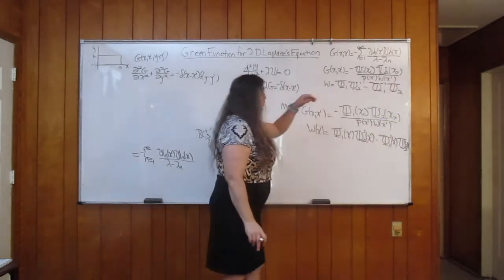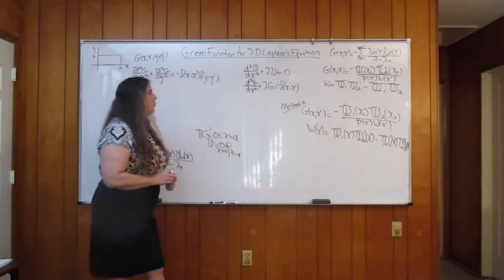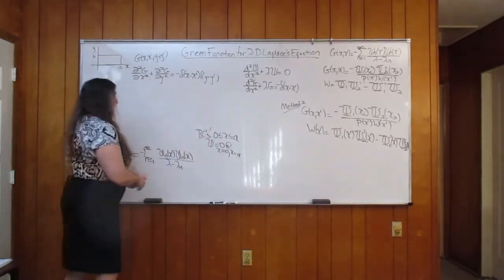And for brevity, I'll just leave off the arguments here. But anyway, those are the two representations of the Green's function in one dimension.